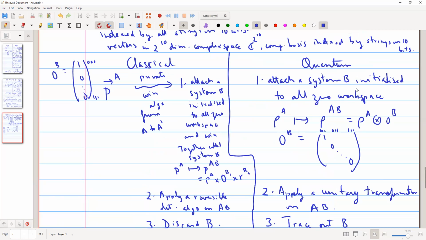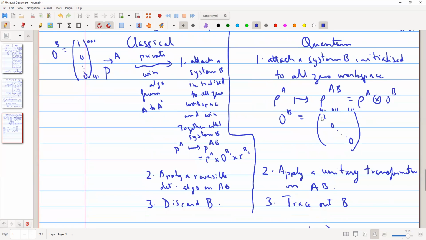Attach a system B initialized to the all-zero workspace. As I said, and we will see soon, I don't have to talk of a separate coin space anymore. Why is that? The effect of the coin can be simulated by more workspace and by changing the unitary transformation. We will see this explicitly soon. So I don't need a separate coin space out here, just the all-zero workspace is good enough.